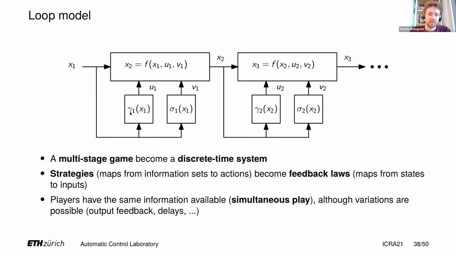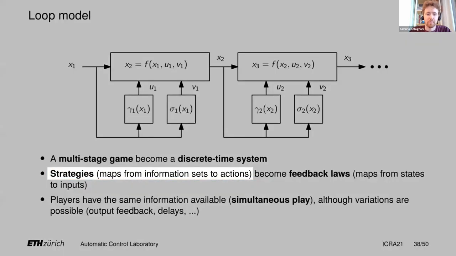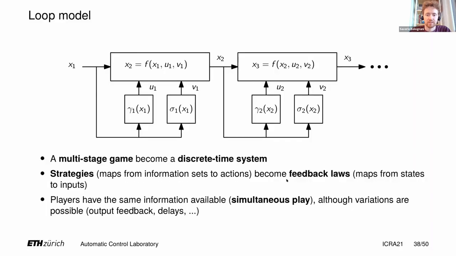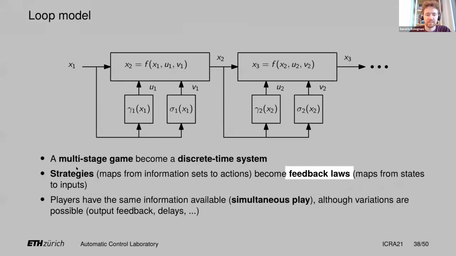And these u1 and v1 are functions of the state before. So a multi-stage game really looks like a discrete-time system. Remember, strategies in game theory were maps from information sets to actions. That's why here they are feedback laws, maps from states to inputs.